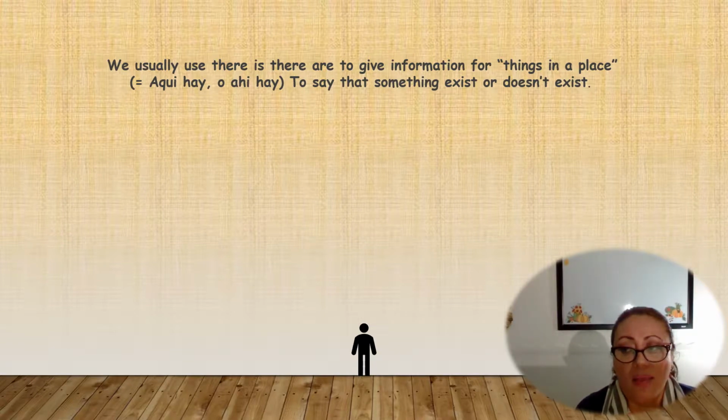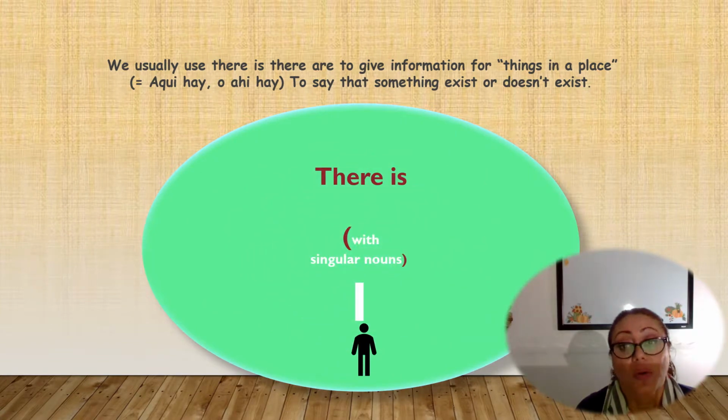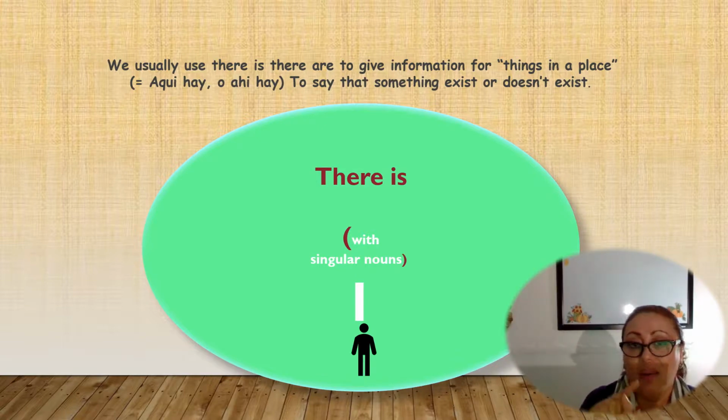So the first thing that we need, now that we know the meaning, qué significa, is to see the formula. We're going to learn how we're going to put the words in order, the word order.